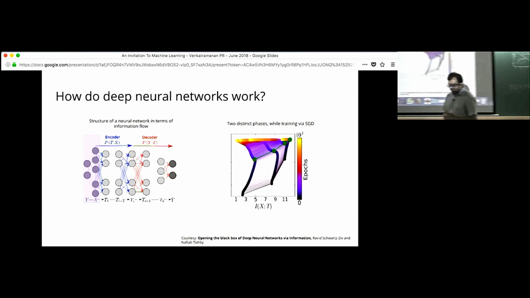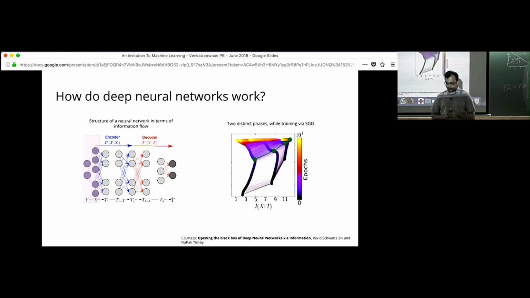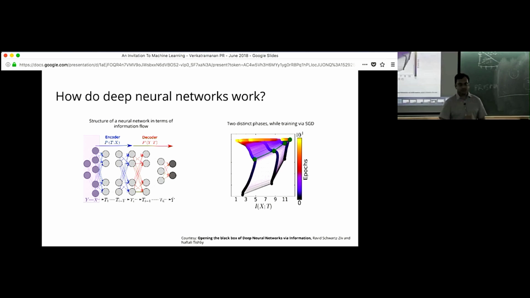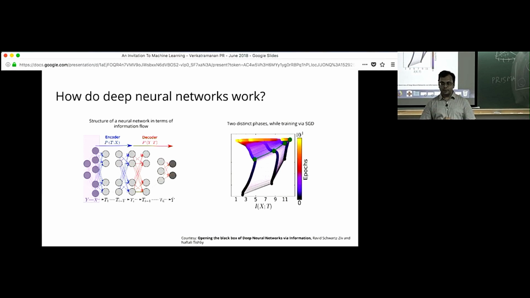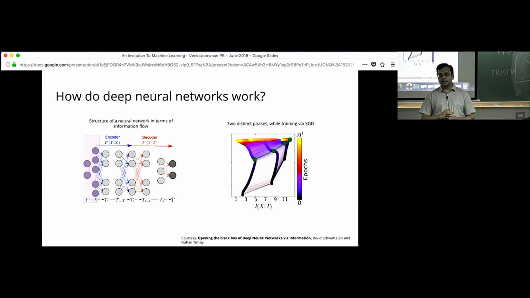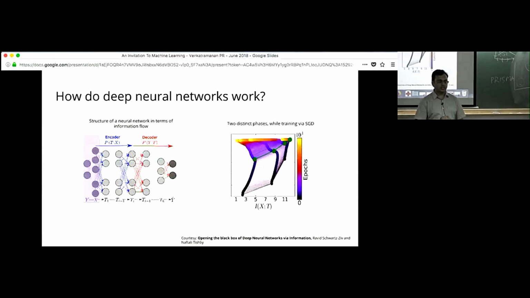The other thing I wanted to talk about is the theoretical underpinnings of machine learning itself. Deep learning so far has been a sort of black box, right? In 2015, one interesting paper came out which used a very old principle. They called it the information bottleneck principle, to explain how deep neural networks work.